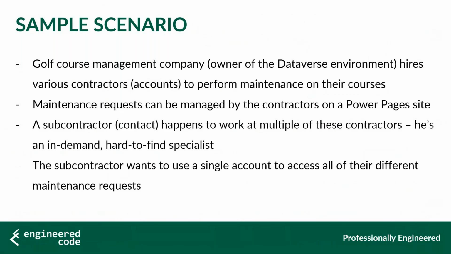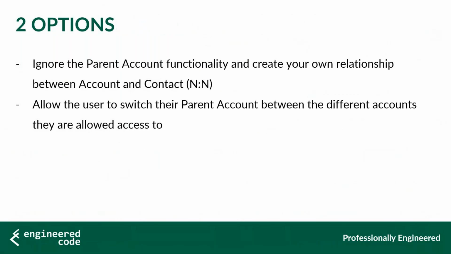What we generally see is that there are two primary ways that we've seen this done. One is to essentially just ignore the parent account, and create your own relationship between account and contact. So create a many-to-many relationship between account and contact, and then build all your permissions based on that. So if we're looking at maintenance requests, you can say I have a contact.